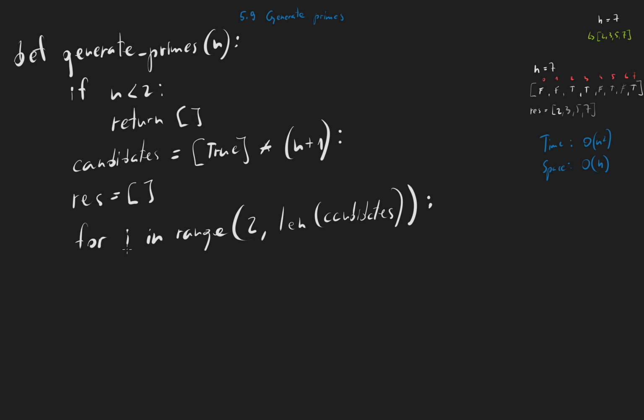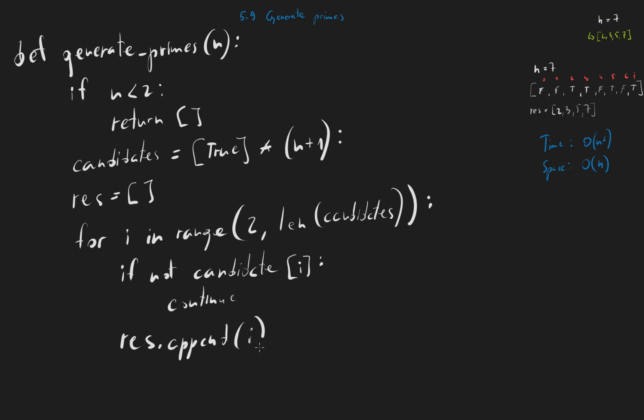So right here we're in the for loop. We know that if the current i is not prime, we can just move to the next integer. So let's do this check. If not, so the current index is not prime, we can just continue to the next number, right? If it's prime, let's first append this number, so i.